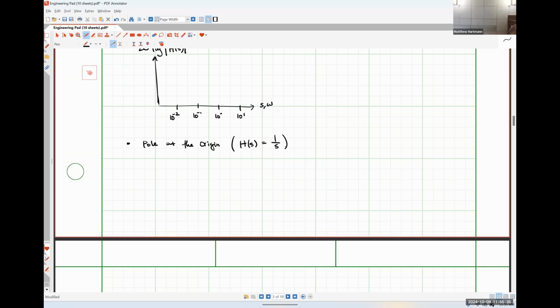Let's look at some things here really quickly. We can never actually have a frequency of 0 on one of these plots. It does not exist. The number 0 does not exist on this axis.